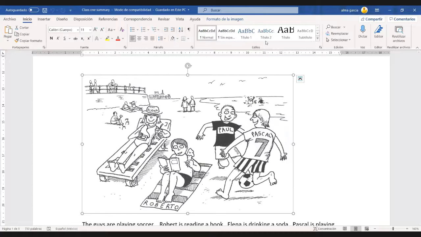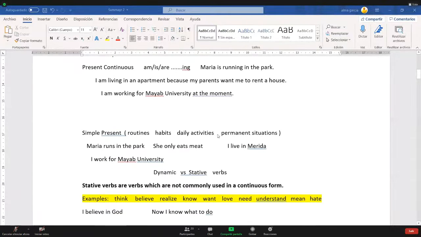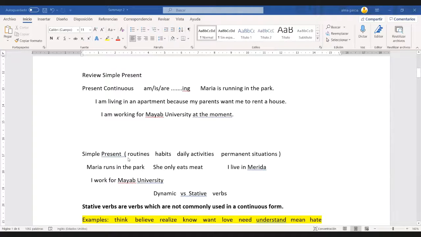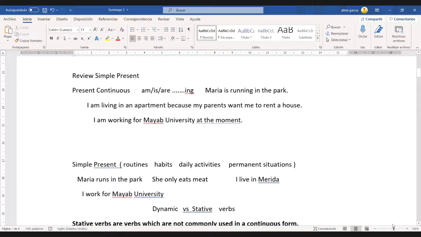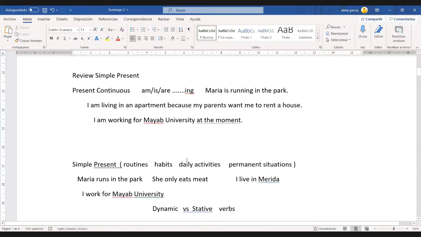Now we need to analyze the simple present, which is the one that describes routines. Is it possible for everyone to visualize the page? Remember, if the present continuous contains am, is, are: Maria is running in the park, I am living in an apartment, because I am talking about a temporary situation.